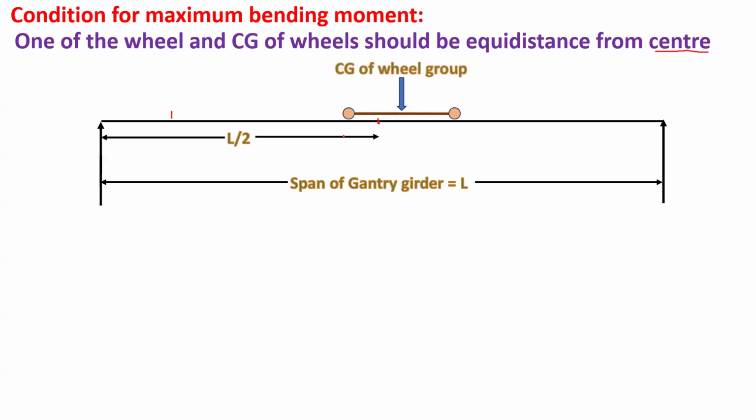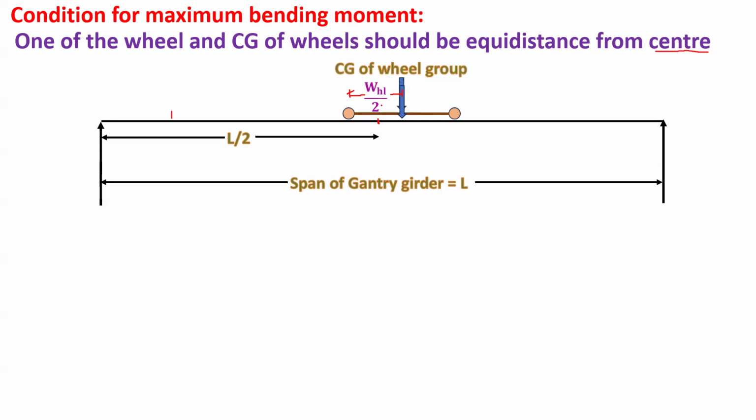It will go in such a fashion that this is WHL by 2, that is the distance between one of the wheels and the CG of the wheel load, because it is at the center, because both values of the loads are the same. So this is WHL by 2.